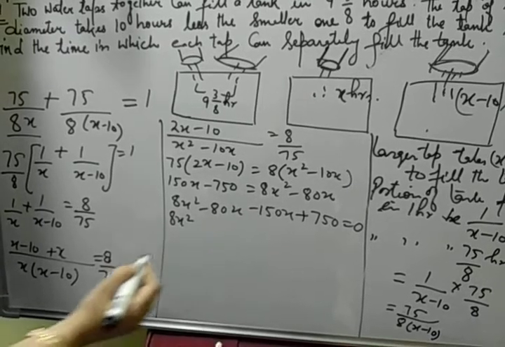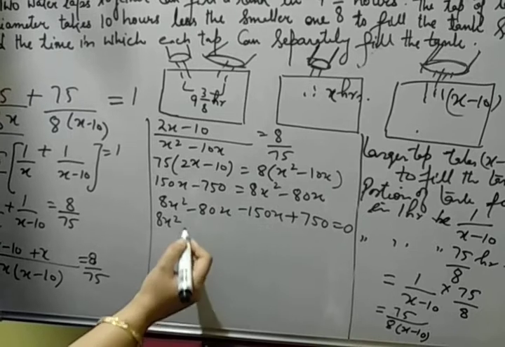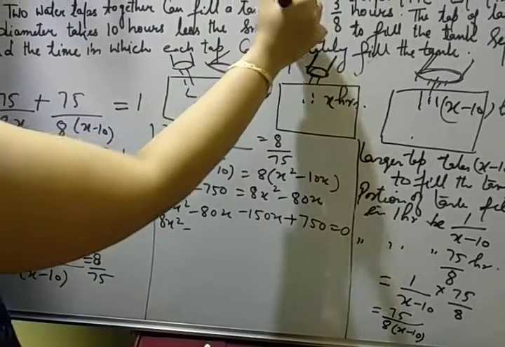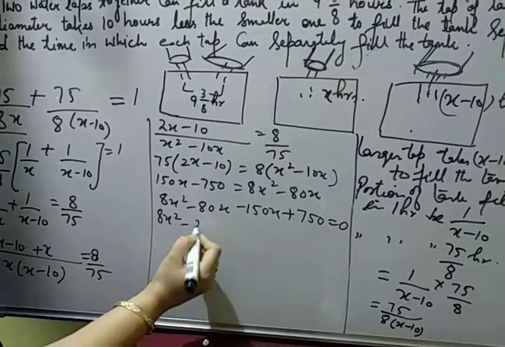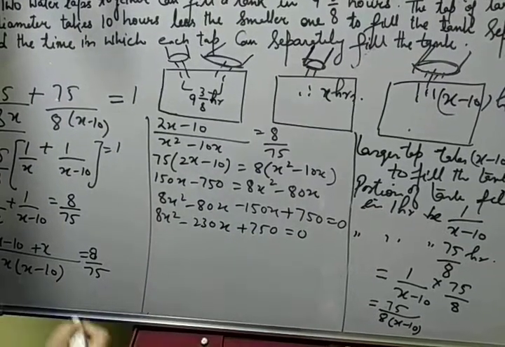8x square minus 150x minus 80x, that gives 150 plus 80, 230x, plus 750 is equal to 0.